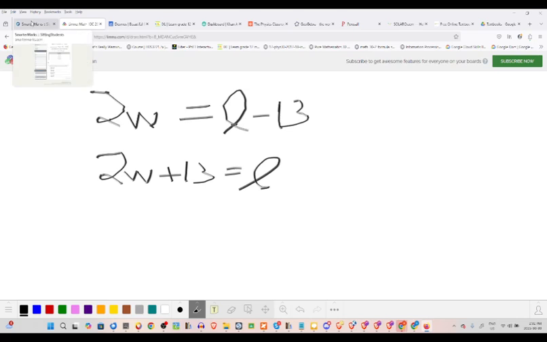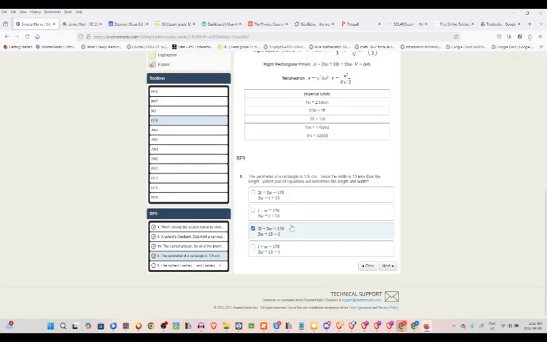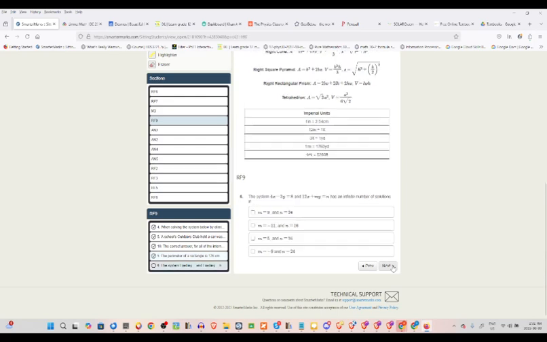That makes everything positive, and that is a match for C. So it's not standard form because the variables are on opposite sides of the equation. However, that does make solution by substitution fairly easy to do. We have an expression for L. We can plug it in here and go. But we don't need to solve it. We just need to recognize the correct setup.